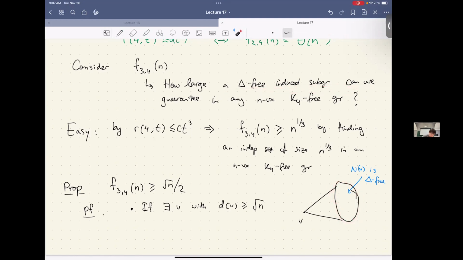So what this means is that alpha 3 of G is at least the maximum degree of G, right?